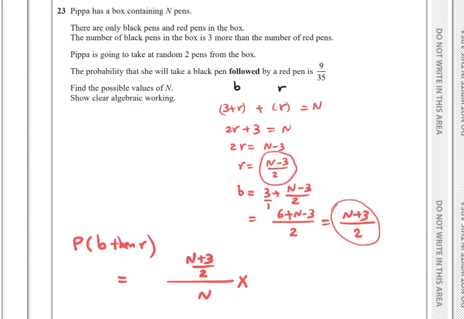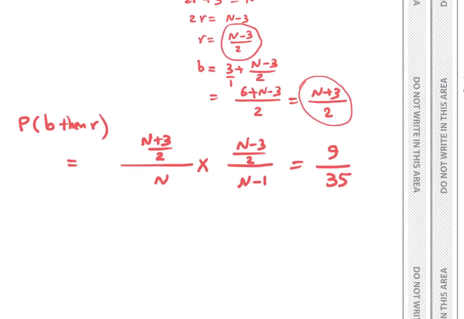Then times probability of red, number of red, which is (n minus 3) over 2 over (n minus 1) now, because we already took one from the pens before. This equals 9/35. So we need to solve this equation to find n.